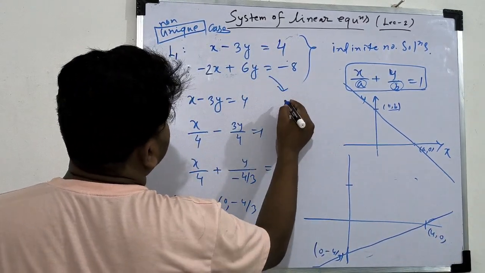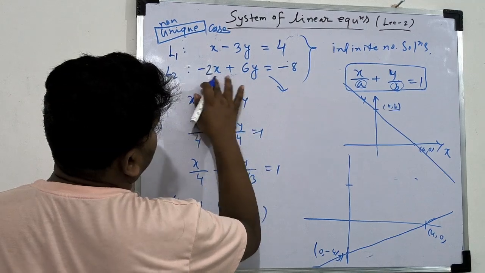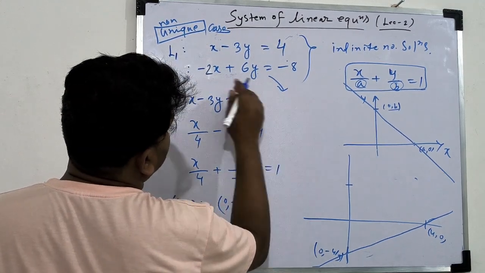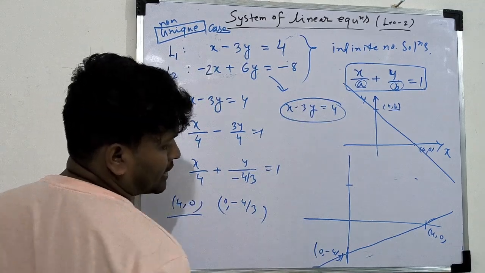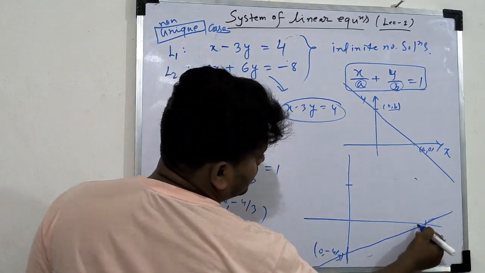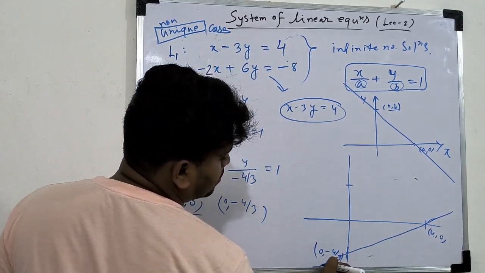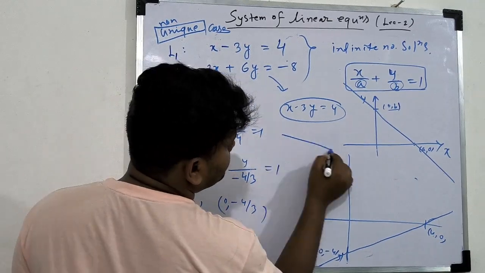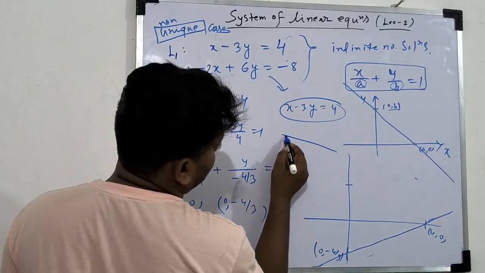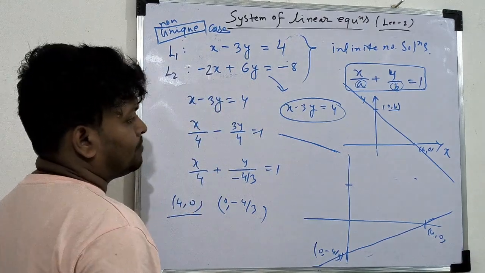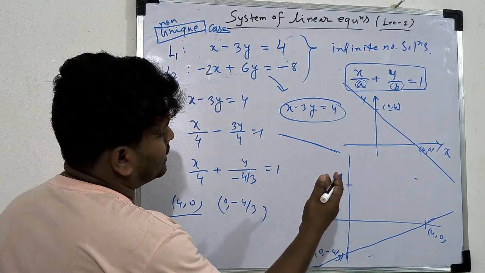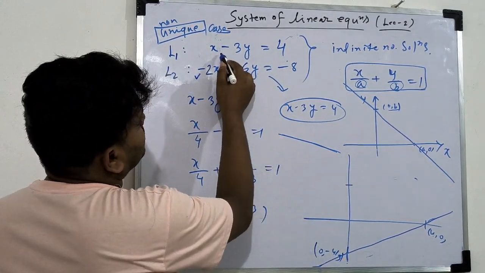And from the other equation, if we take minus 2 common, we get x minus 3y equal to 4. So this will be the same line. So the other line will be on this line. One line is on the other line.